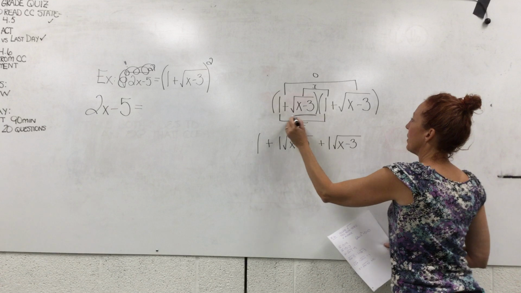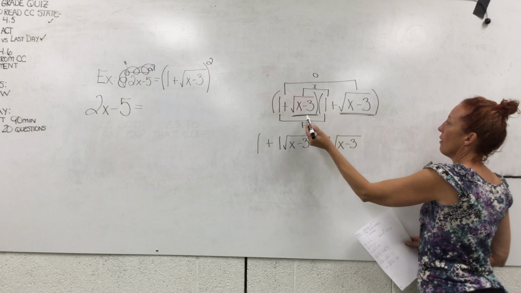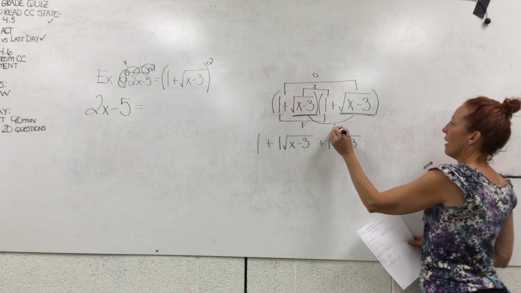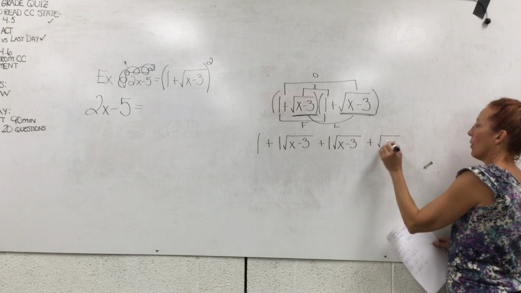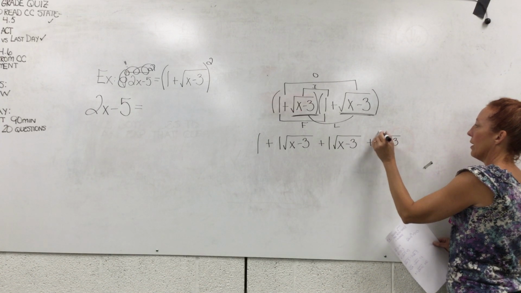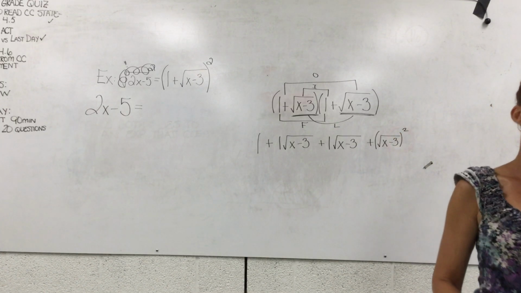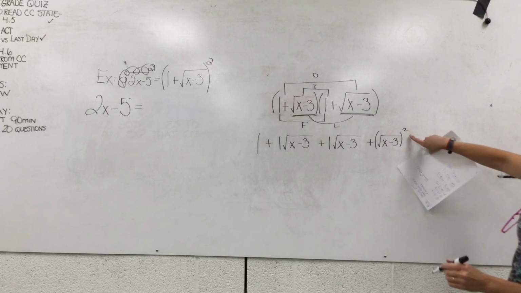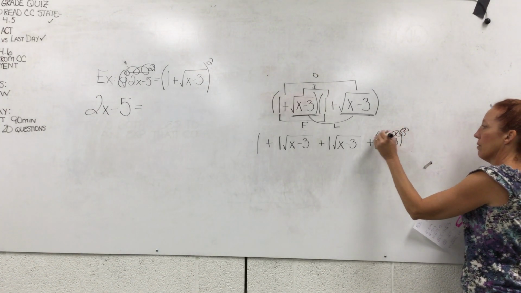And the last piece is that multiplied by itself. Radical x minus 3 times another radical x minus 3, or plus radical x minus 3 squared. When you square a radical, it causes the radical piece to cancel.